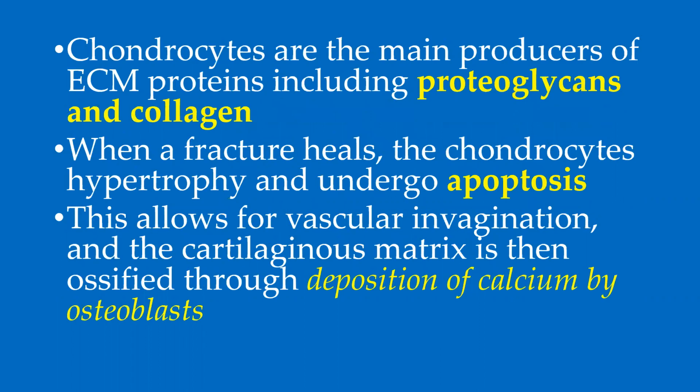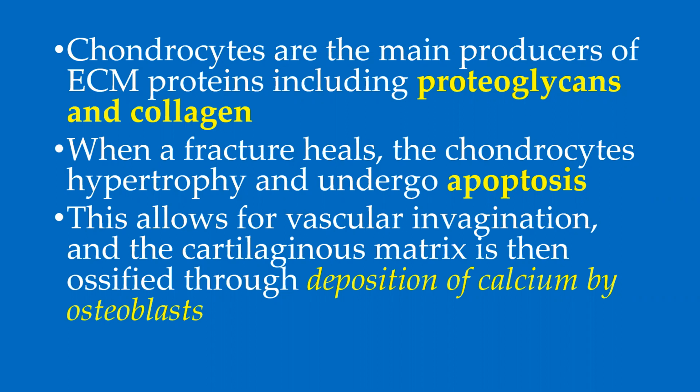The chondrocytes are the main producers of the extracellular matrix. They are in the background. They are within the extracellular matrix. And these chondrocytes, together with the proteoglycans and collagen, which is formed by the chondrocyte, fill in the extracellular matrix. These have a weak strain.